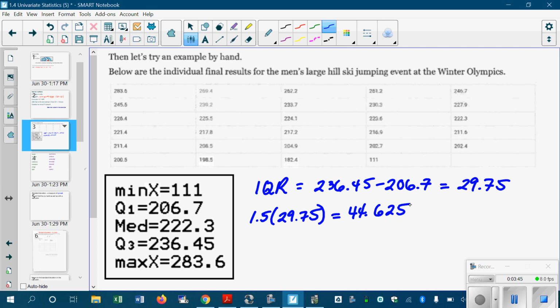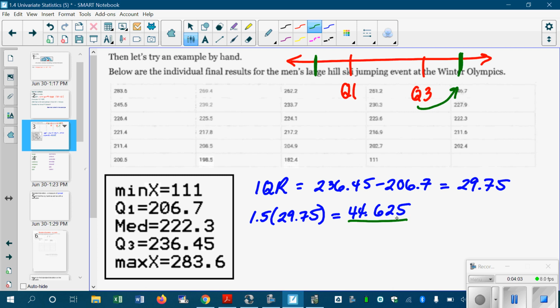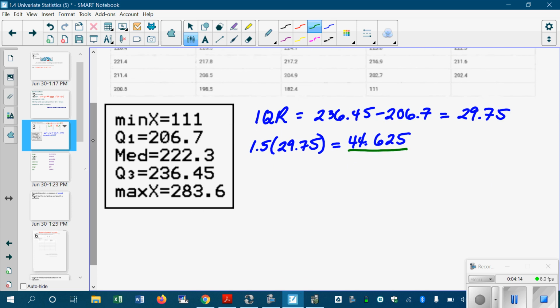Now, if you imagine having a number line, I'm just going to use this space up here. Here's a number line. Q1 is here, Q3 is here. I'm going to be looking for a cutoff here and here. And so I need to add this number that I just got to Q3, and I need to subtract it, because that's how number lines work, small to big. I need to subtract this number off of Q1, and that's going to tell me where these cutoffs or fences are.